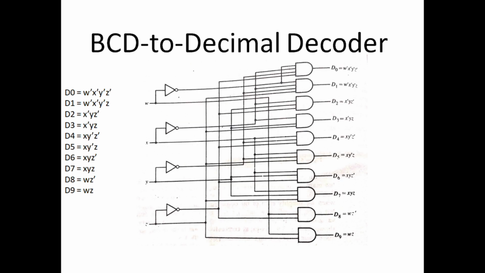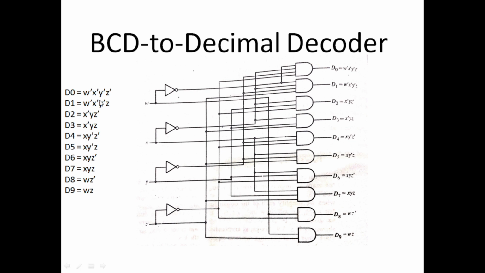Okay, so these Boolean functions can be implemented like this. Just like the 3 to 8 lines decoder, there are 4 inputs, and as these input variables appear in the normal form and complemented form, it is wise to create the normal form of these variables as well as the complemented form of these variables.